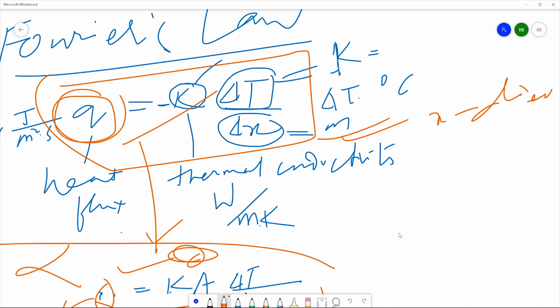What will this be in the y direction? Simply replace delta x by delta y. What will it be in the z direction? That is delta T by delta z, and so on. So what if the heat is transferred in all the directions? Then q will be a vector, so you have to sum them all up.